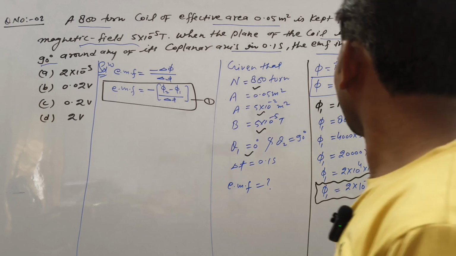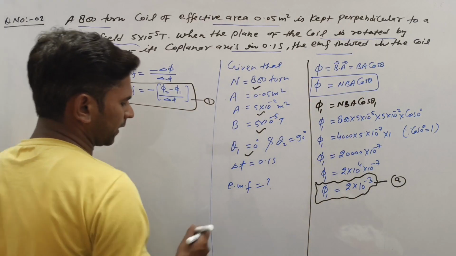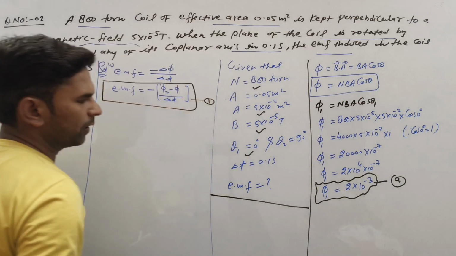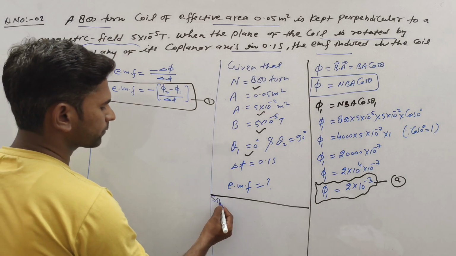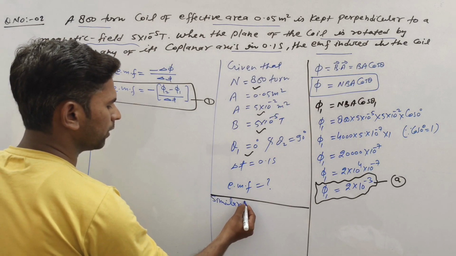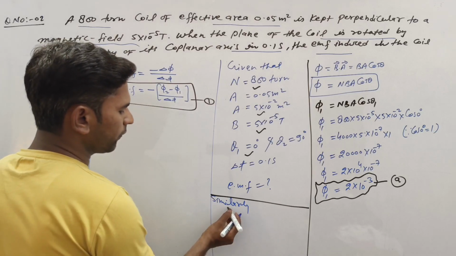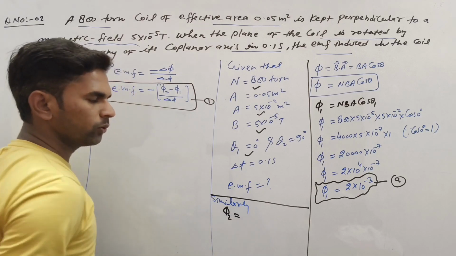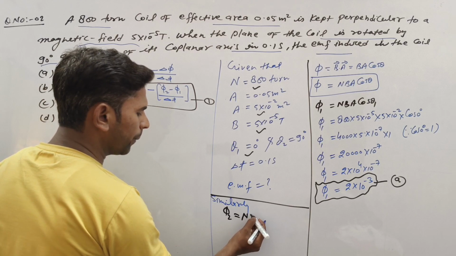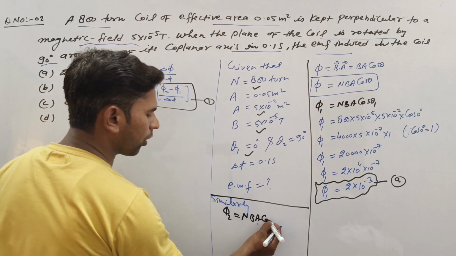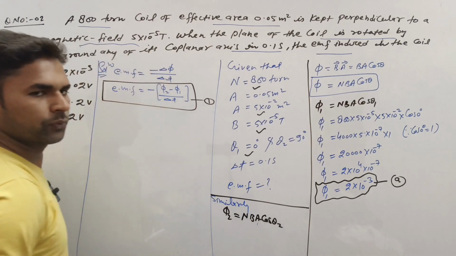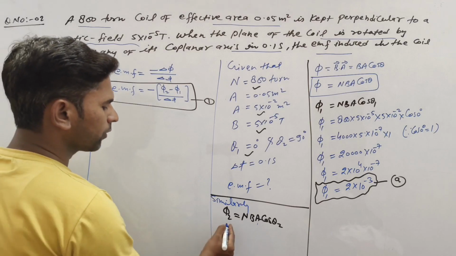Similarly, we need to consider the final magnetic flux. Final magnetic flux, phi 2, is equal to NBA cos theta 2. Now you can put in the values.